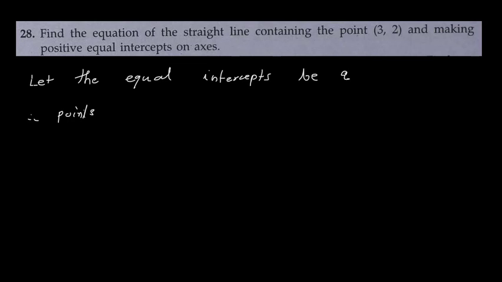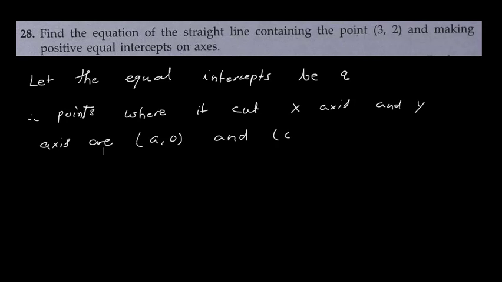So I will say that let the equal intercepts be a. So therefore points where it cuts x axis and y axis are a comma 0 and 0 comma a.